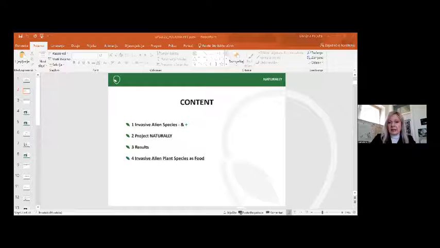Preventing their introduction and spread is the most cost-efficient strategy to achieve IS-free ecosystems. However, given the current rate of species invasion, management based mainly on eradication is neither completely effective nor economically viable. So here we will introduce an additional variable into the equation, the use of invasive species.